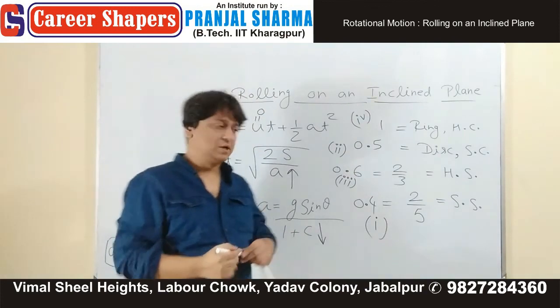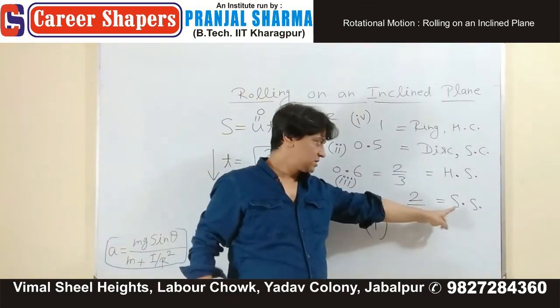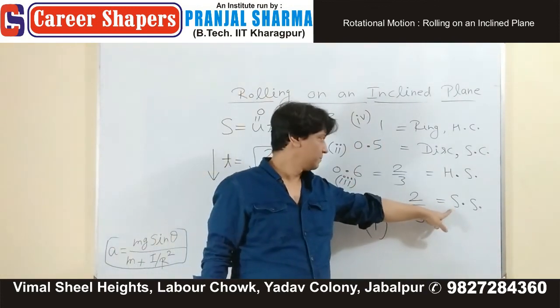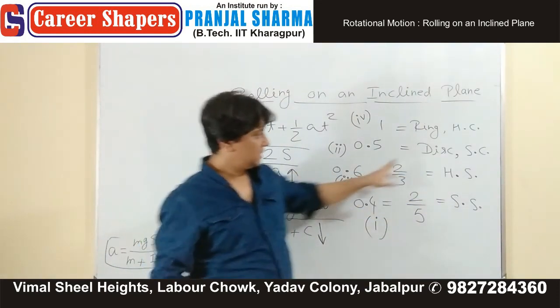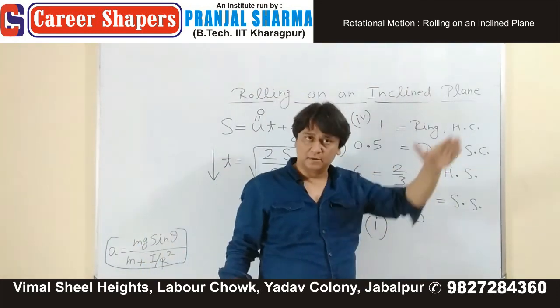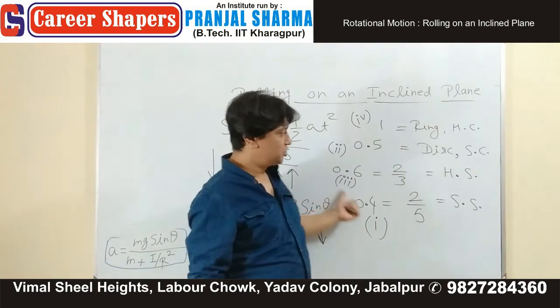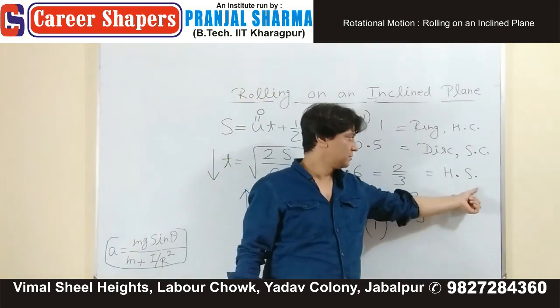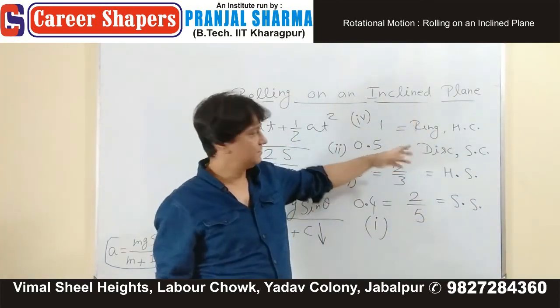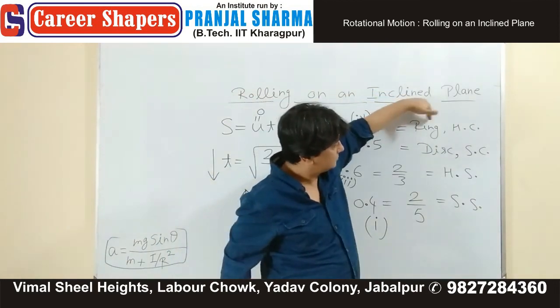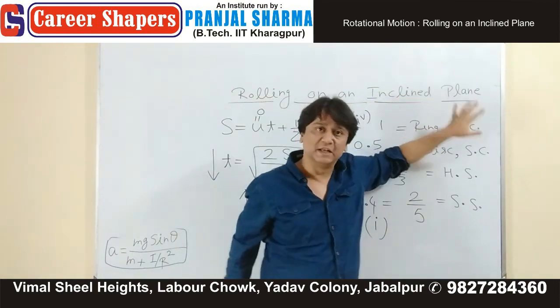Which means what? First arrives solid sphere, then disk and solid cylinder. In the third position you will have hollow sphere, and last to arrive are ring and hollow cylinder.